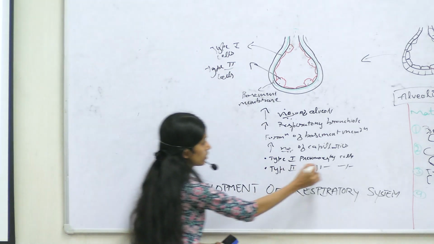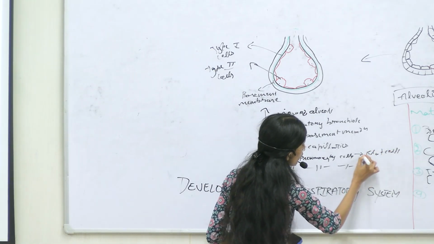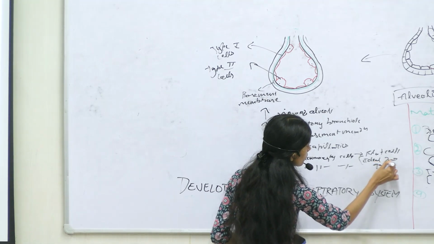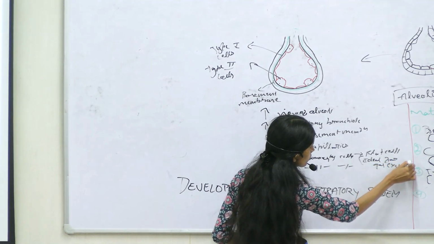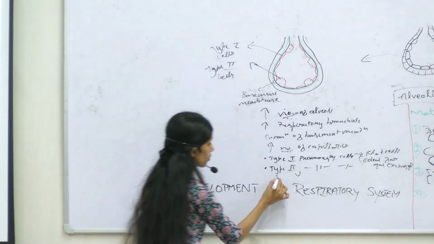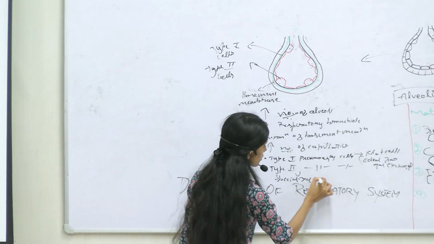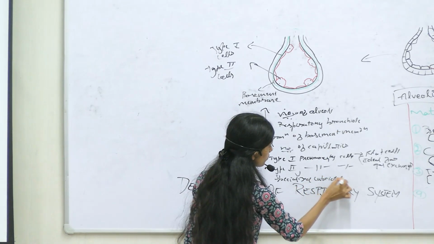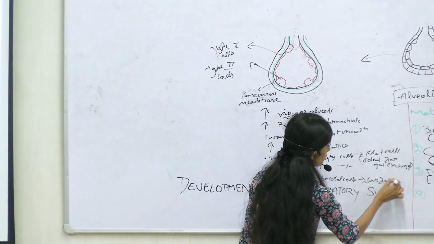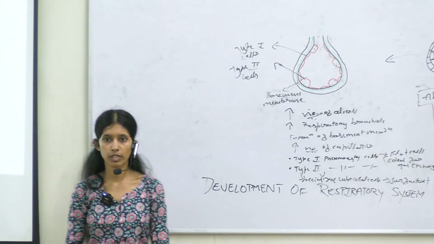Your type 1 cells are flat cells which are ideal for gas exchange, and type 2 is a specialized cuboidal cell which forms surfactant. Is it clear for everyone?